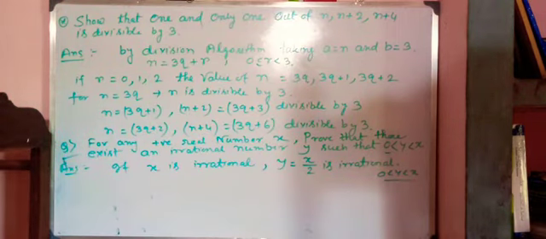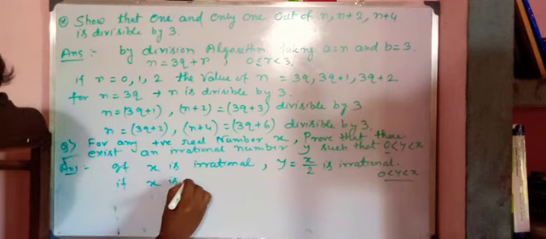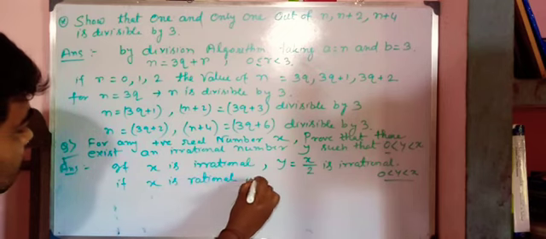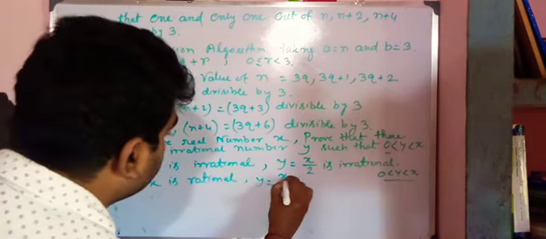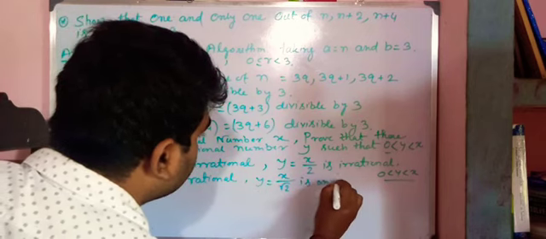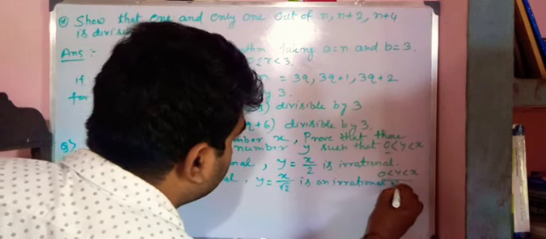Understood? Next, if x is a rational number, then y equal to x by root 2 is an irrational number.